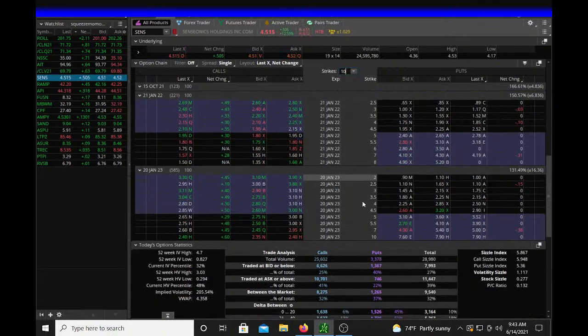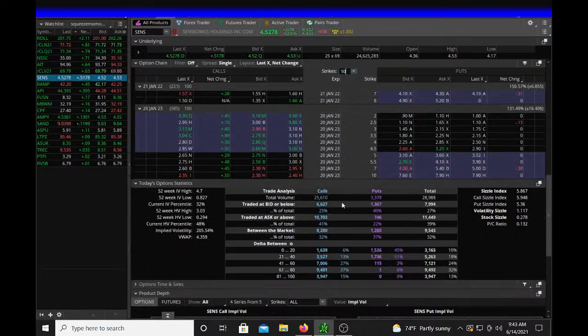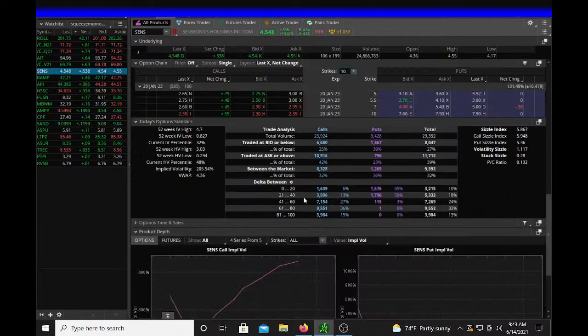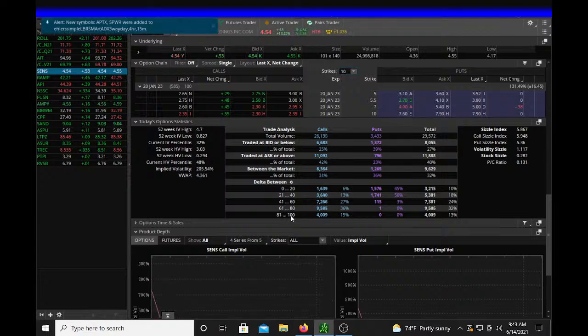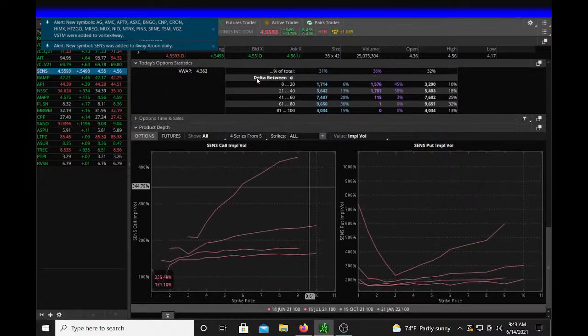Interesting. All right, and I always like to come and see traded at bid or below, traded at ask or above. Okay, traded at ask or above. All right, more calls than puts. All right, delta between 21 and 40, 41 and 60, 61 and 80. So they're in the money or at the money. 81 to 1,000. Yeah, they're at the money.